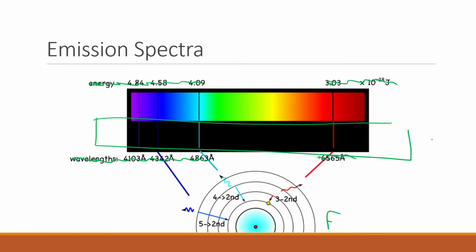If this is fluorine, we know that this combination of colors and wavelengths is fluorine. If it's a different combination of wavelengths, it is not fluorine. And we can use this to help identify elements that are in a mixture, or elements that we think are part of a compound.